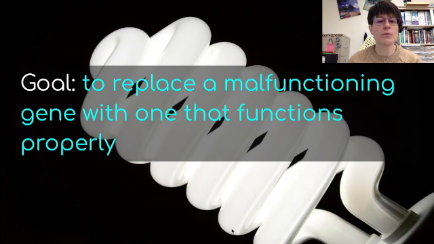Now, there are a couple of ways that this can be done. There can be cells that are grown in the lab, and then the new cells are injected into the individual, perhaps stem cells from the stem cell technology that we talked about before. If an individual, say, their liver was not functioning properly, stem cells that differentiate into a liver could be grown and then placed into the individual, basically kind of transplanted into them.